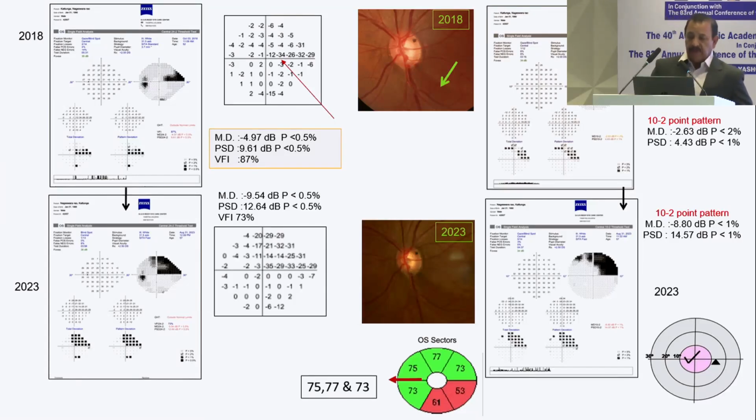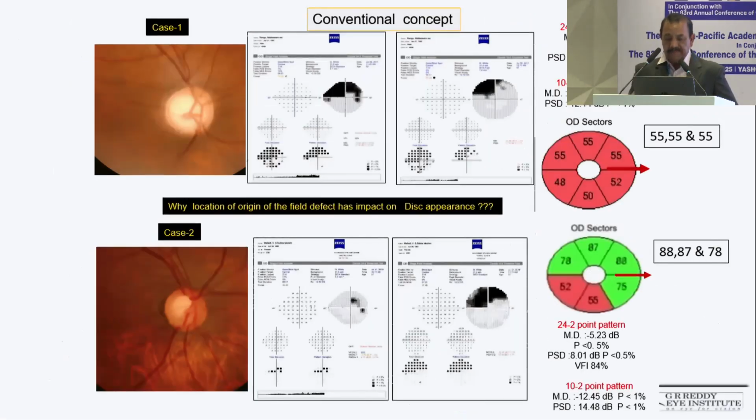So when you see even a relative field defect starting from the center, you should be very alert and treat the case very aggressively. In this case, luckily, the macular ganglion cell complex thickness, GCC, is very good at 75, 77 and 73.